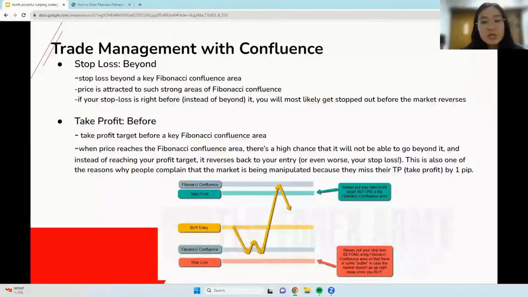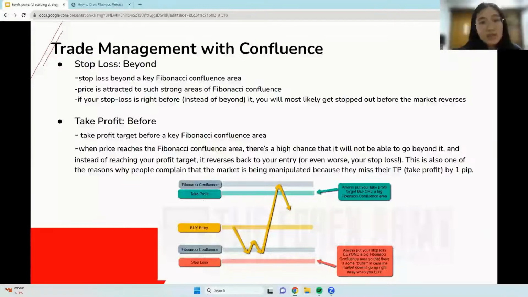So if your stop loss is right before it instead of beyond it, you will likely get stopped out before the market reverses. This is one of the reasons why people get stopped out right before the market starts to reverse, and then they complain about stop hunting.